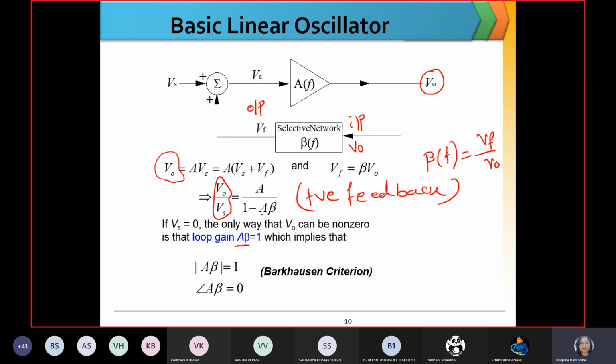A is the gain, and A beta is the feedback loop gain. If you take A divided by 1 minus 1, the output becomes infinite without the presence of the input. So the magnitude of A beta should be 1 and the phase angle of A beta should be 0 or 360 degrees.